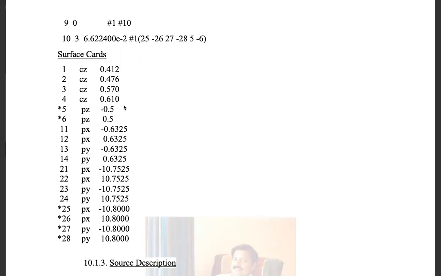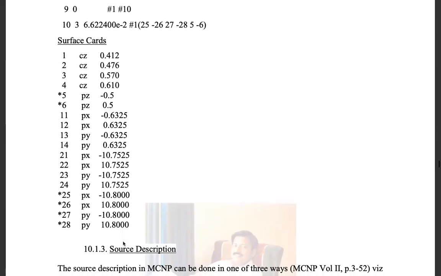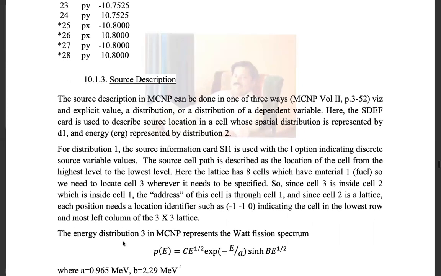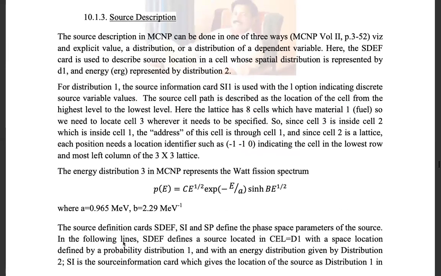So this is the outermost cylinder. These are the various bounding surfaces. As you can see, the bounding surface goes up to 10.8 centimeter. These are all planes, the bounding boxes.